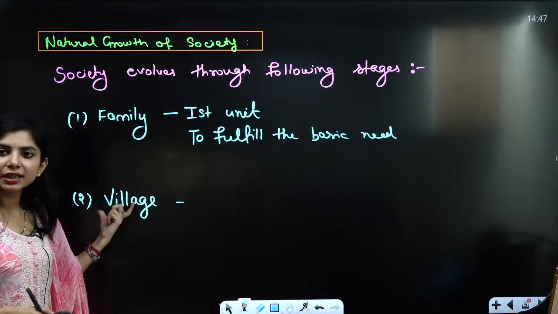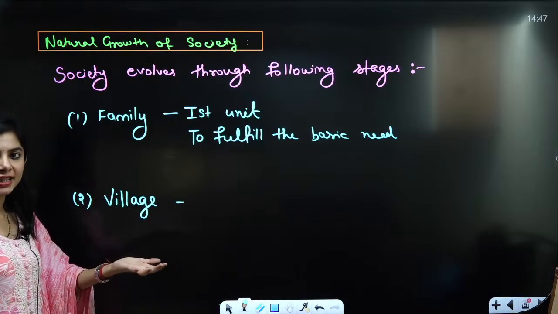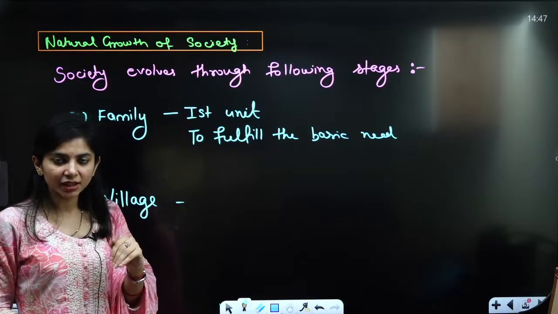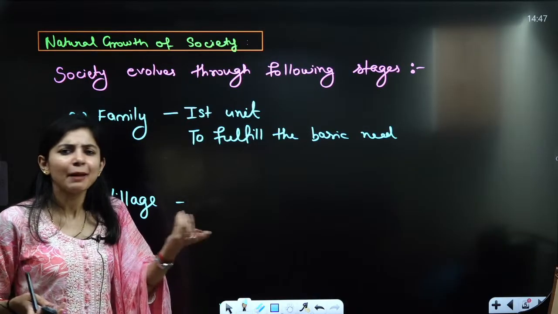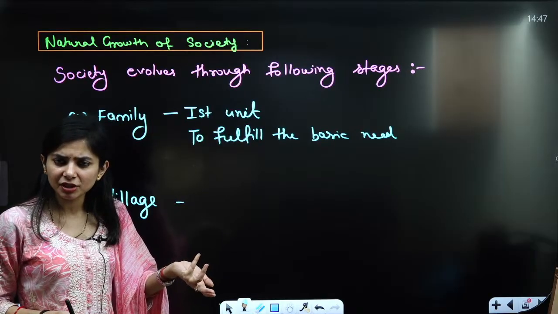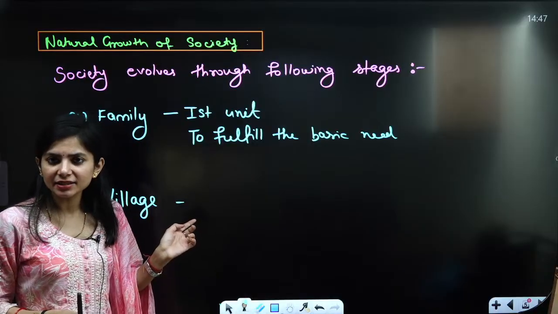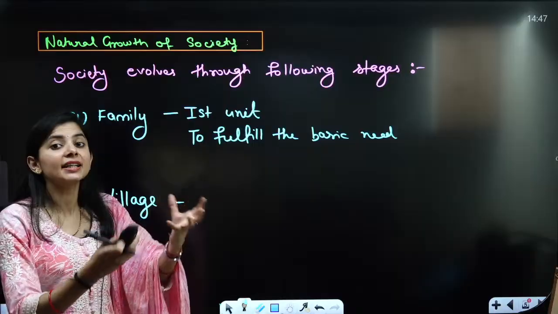You may write here urban, but for the very first time when we were creating the society, the urban concept, urban cities, were not there. Urban cities are nothing but the epitome of better infrastructure than the rural areas. Urban area means amenities, facilities.